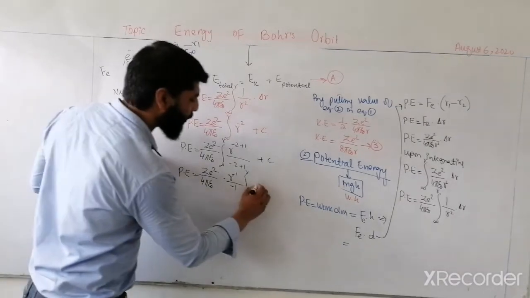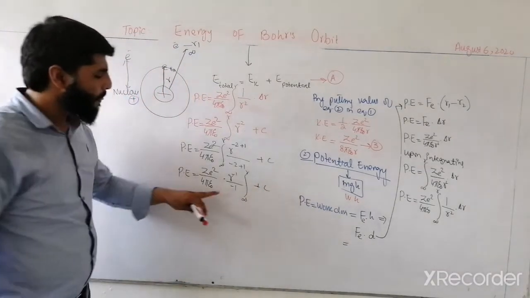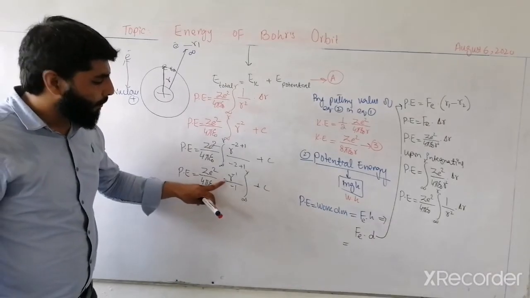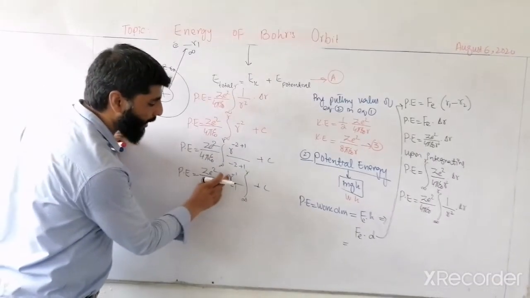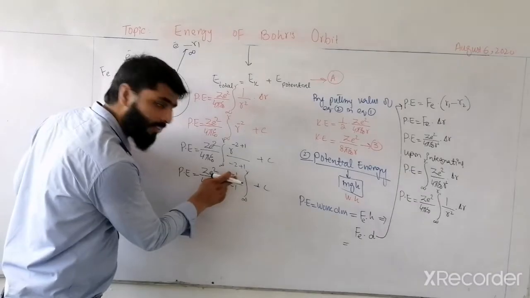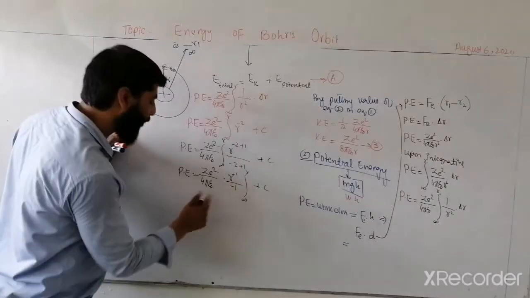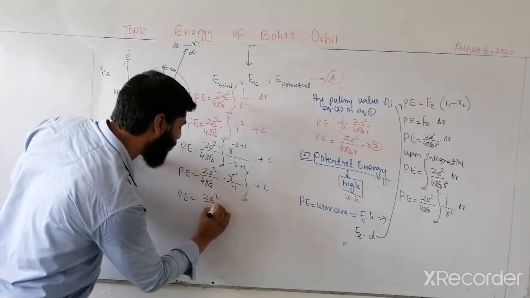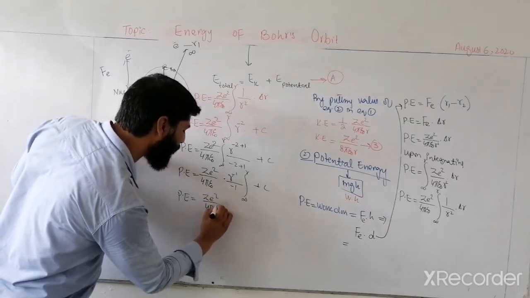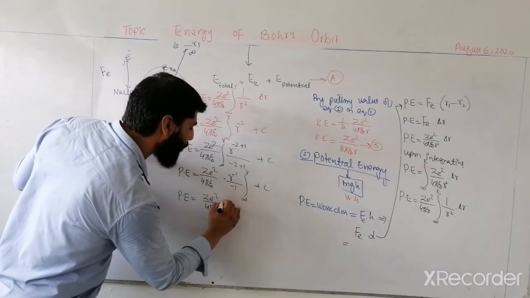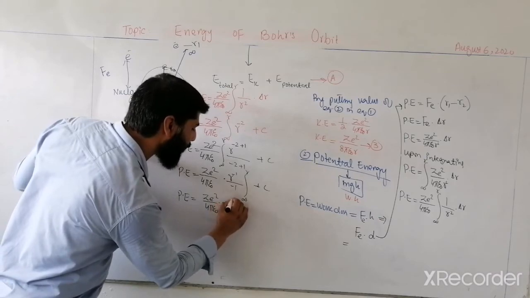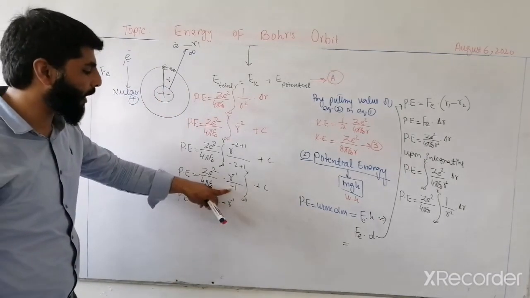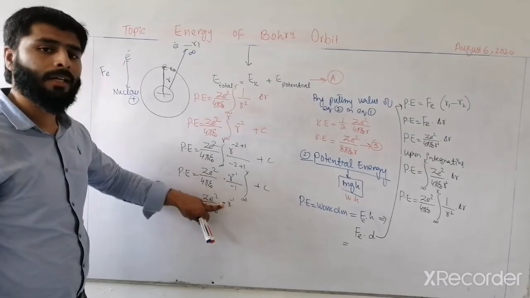Now students, by dividing r⁻¹ with minus 1, we get the potential energy as Ze² divided by 4πε₀ into minus r⁻¹.